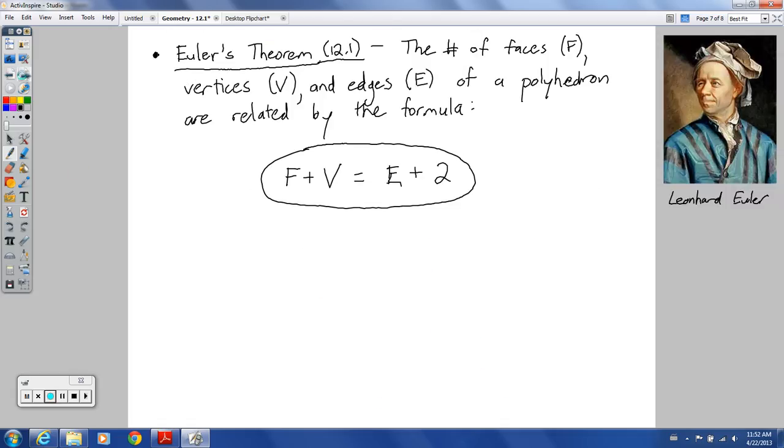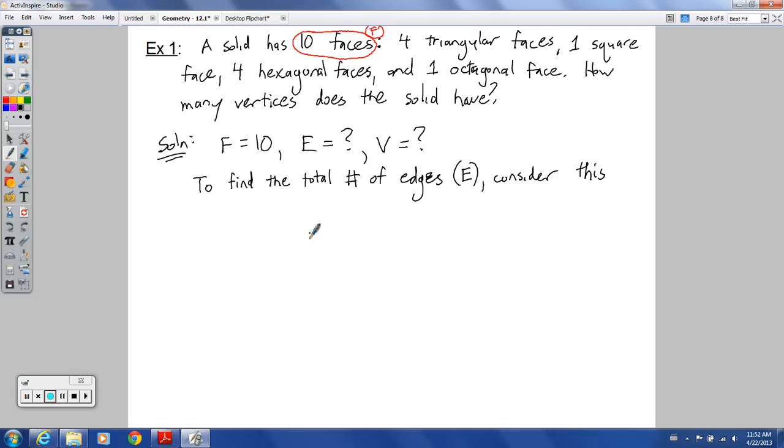And so let's do that here. Let's make our little table here. Again, I'll reiterate what I had said there. It might be a good idea to go back if you didn't understand what I was saying about the two edges coming together to form one edge, meaning that we'll divide our total number of edges in the end by 2. Go back and review that as needed.